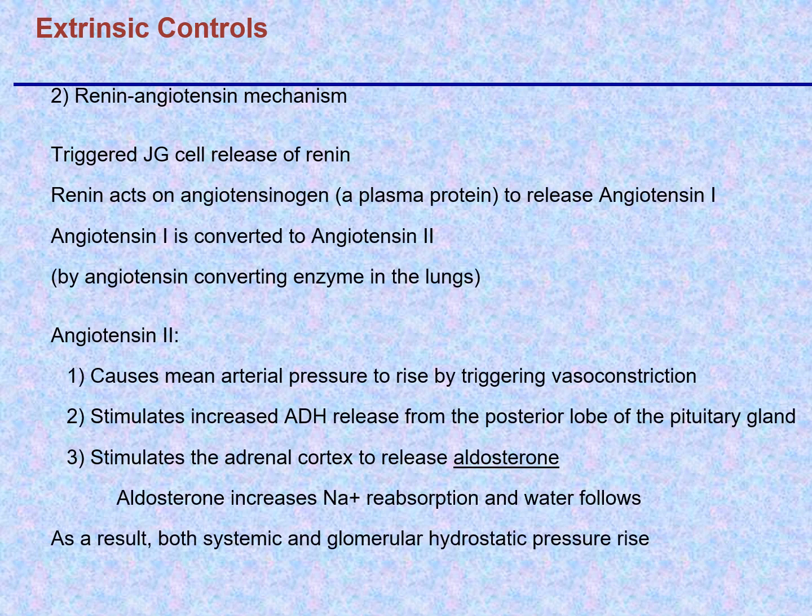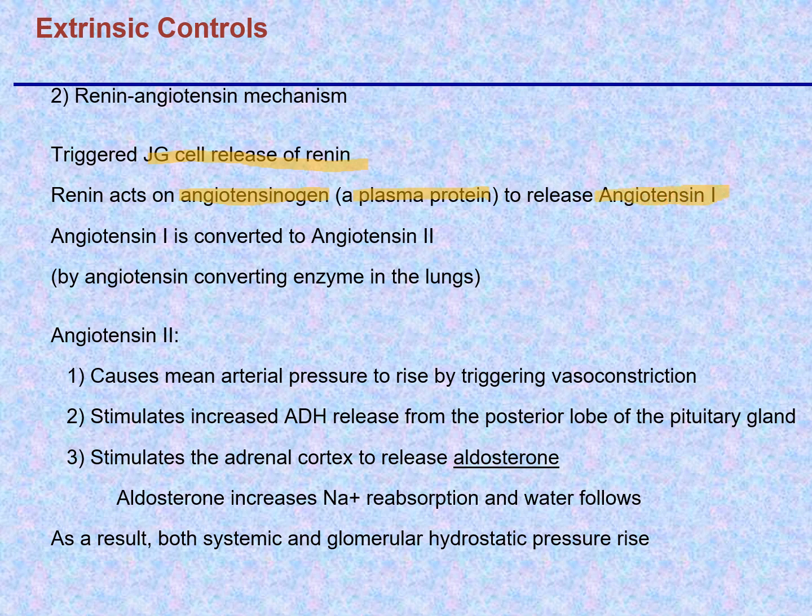What happens when you have release of renin from juxtaglomerular cells is that renin will act on a plasma protein which is inactive, as indicated by its name. If a protein molecule ends in OGEN, then it indicates that the protein is inactive. So renin will act on angiotensinogen, a plasma protein, and activate it to form angiotensin 1.